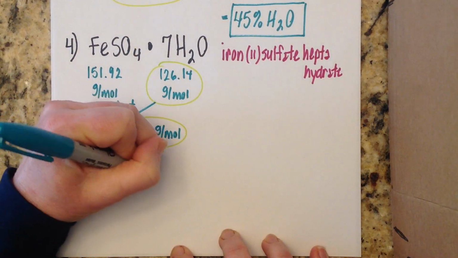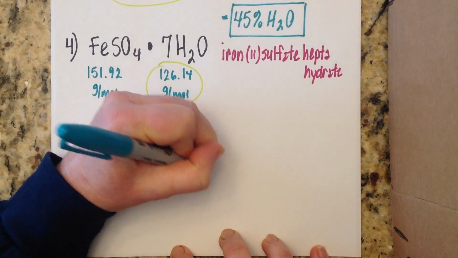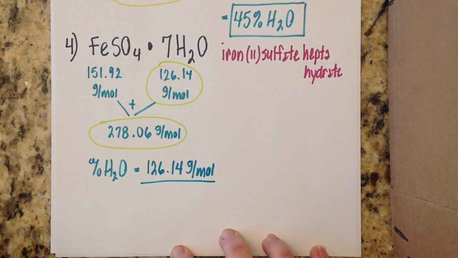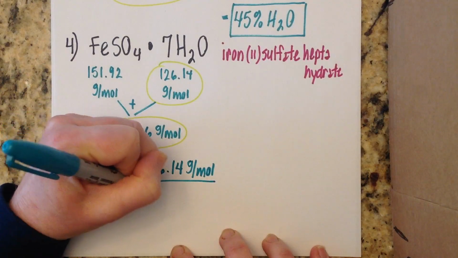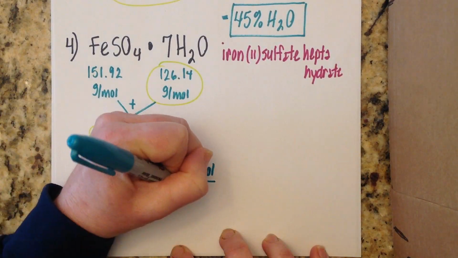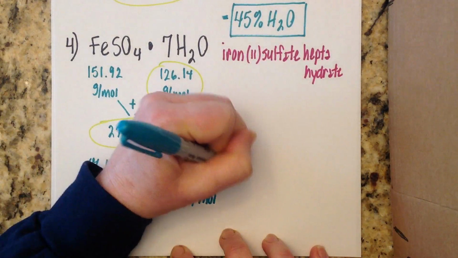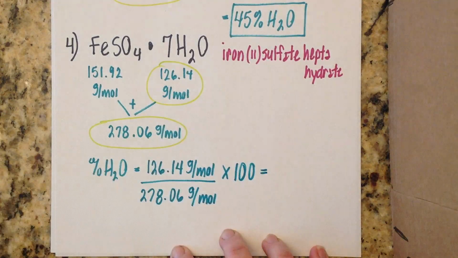So 126.14 grams per mole divided by 278.06 grams per mole times 100 equals, I'm just going to imagine that my students are shouting out the answer because you've already found it.